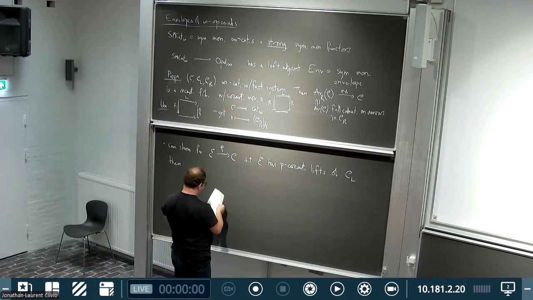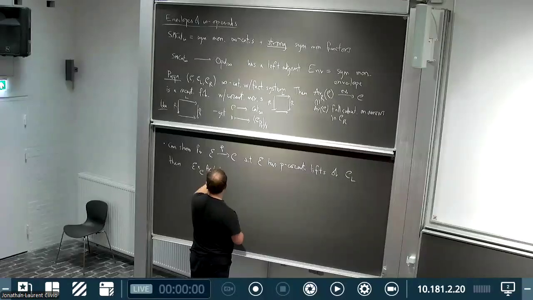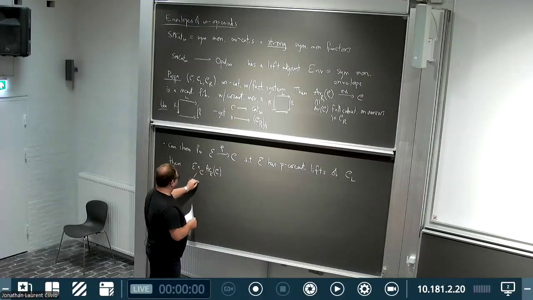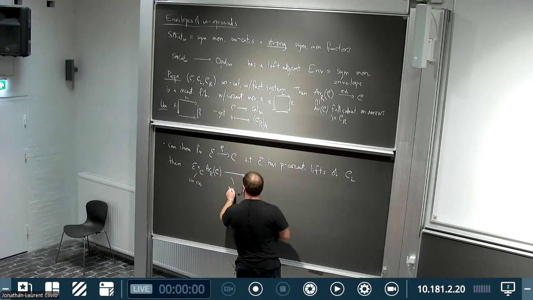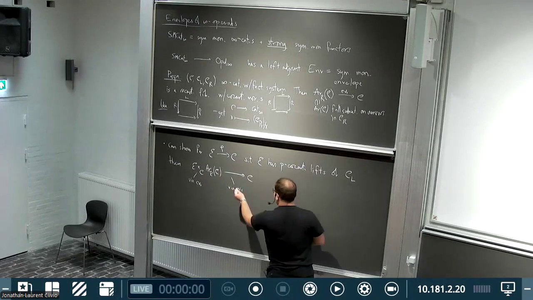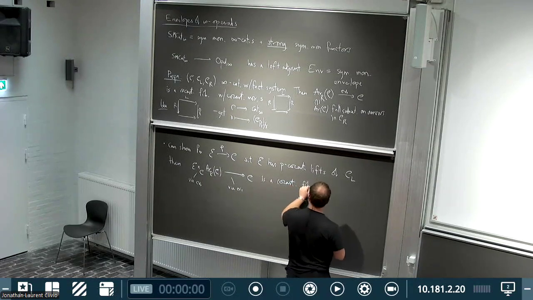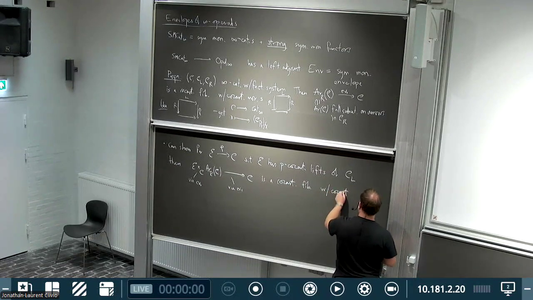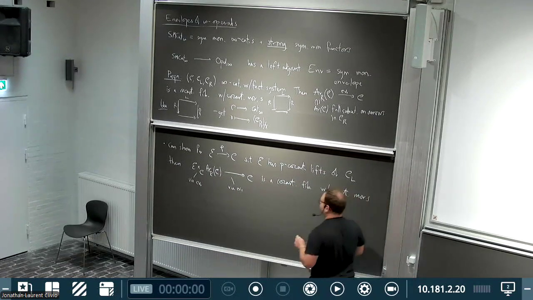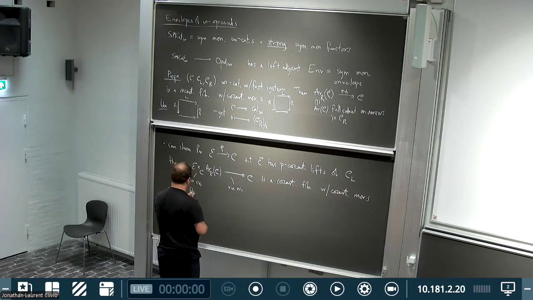Namely, if I take the fiber product of E with this arrow category of R, where the fiber product is by evaluation at 0, and then I have a functor to C that uses evaluation at 1, we can show that this is a Cartesian fibration.